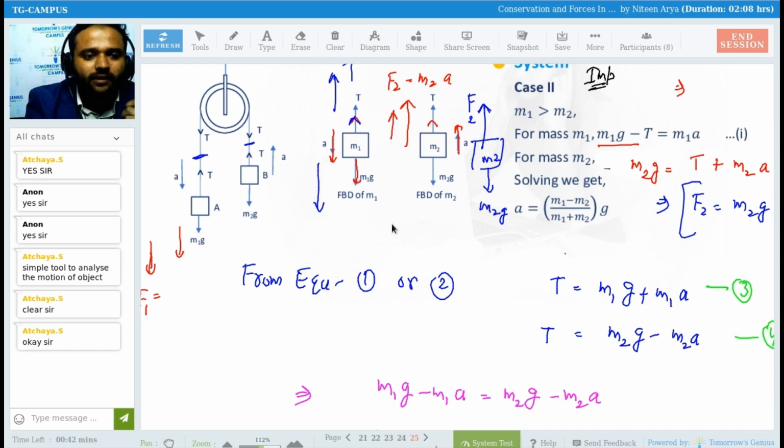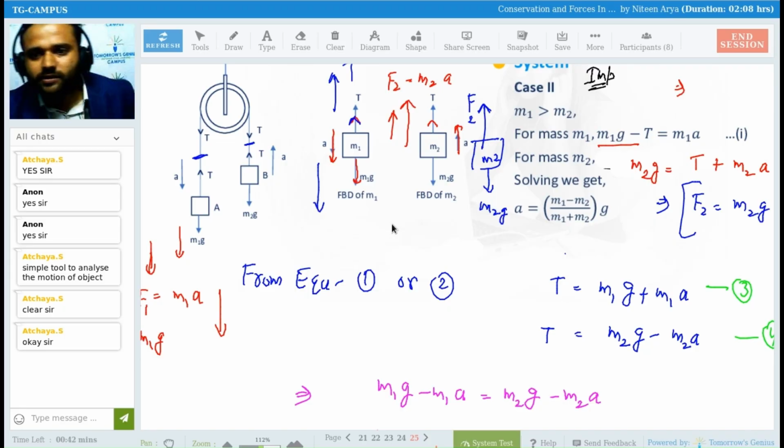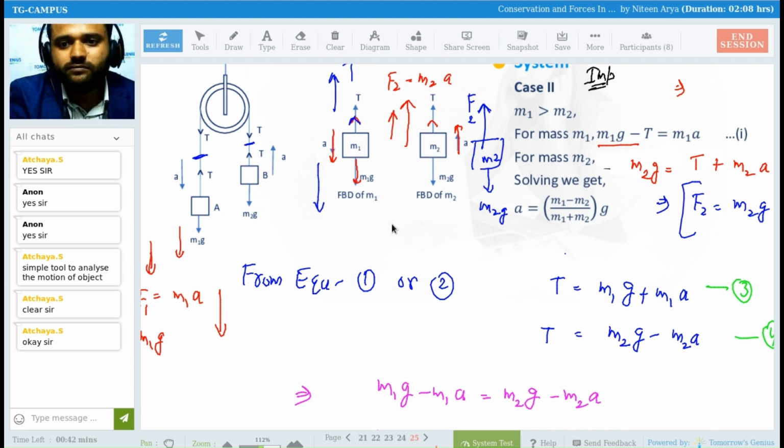See what is happening here. F1, which is m1a, and m1g are in the same direction. Clear? Is this clear? So the tension force for mass 1 is going to be here. It is m1g, it is going to be positive.